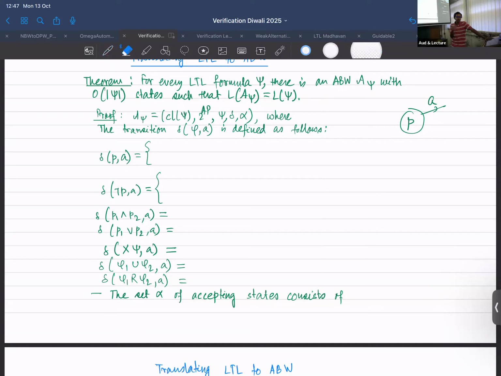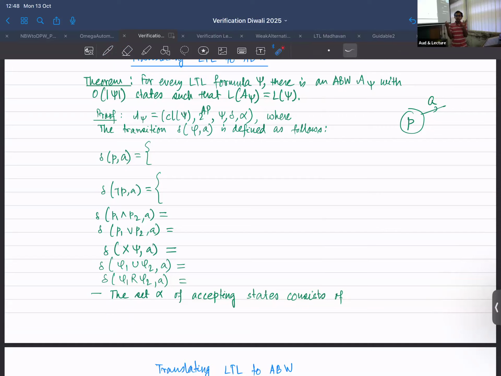So let me try to say this: when I'm constructing the ABW, what do I want? What is my initial state?